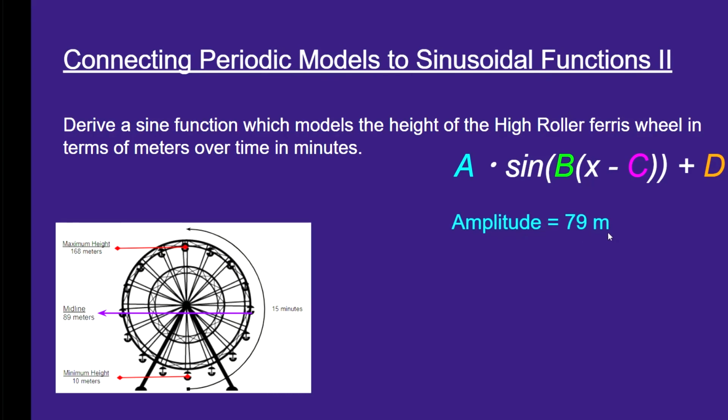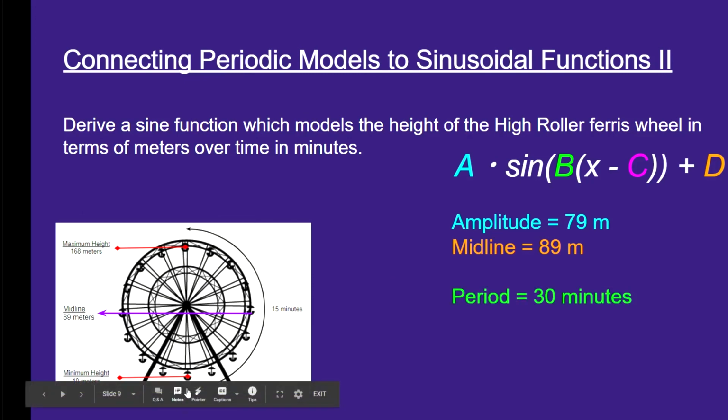So my amplitude for this is 79 meters, right? Remember, guys, notice that I'm working in meters over time in minutes, so I should use those units. My midline was given to us, 89 meters, and my period is 30 minutes, right? Because remember, half of it was 15 minutes, so the whole thing should be 30 minutes.